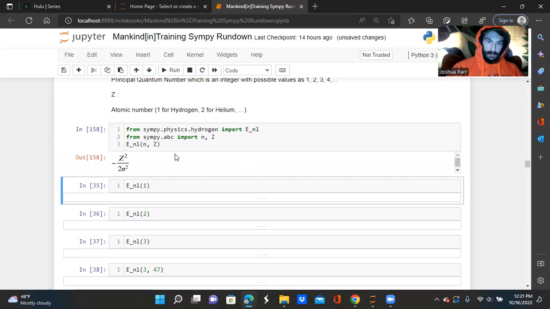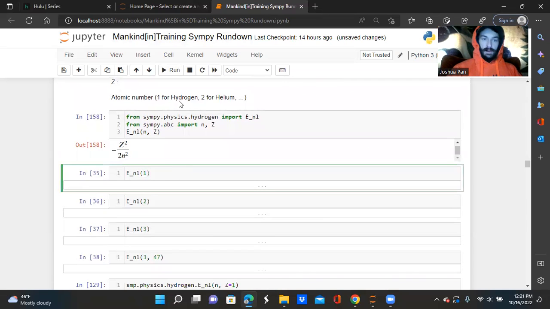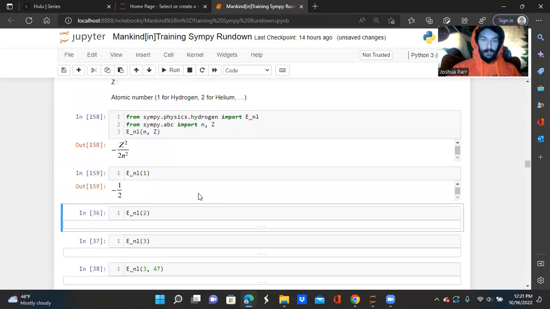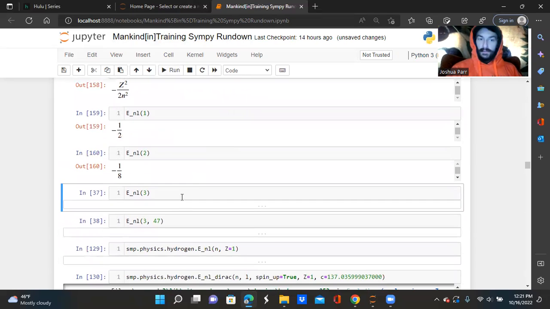So I'm asking for the NL state of N and Z, and it tells me it is negative Z squared over 2N squared. Now, if I want to find it at 1, it is negative 1/2. And if I want to find it at 2, it is negative 1/8.